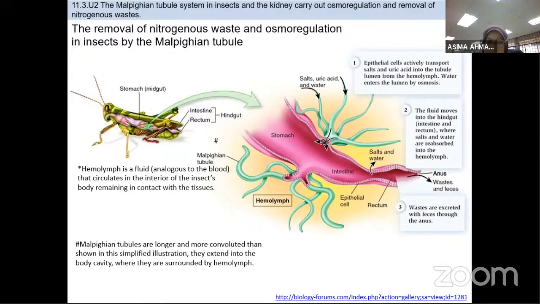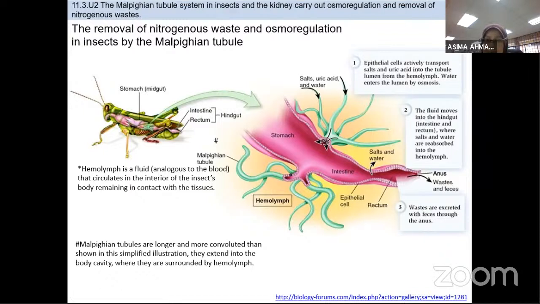Maksudnya it carries substances including all of these waste products. Contoh dia adalah the transport of salts and uric acid. So these epithelial cells of the tubule will actively transport salts and uric acid into the tubule lumen, masuk dalam lumen ni, from the hemolymph. Hemolymph kat luar ni kan, so masukkan by active transport.